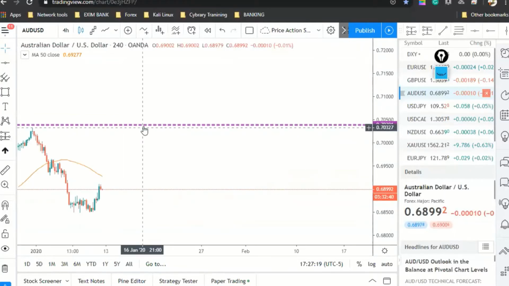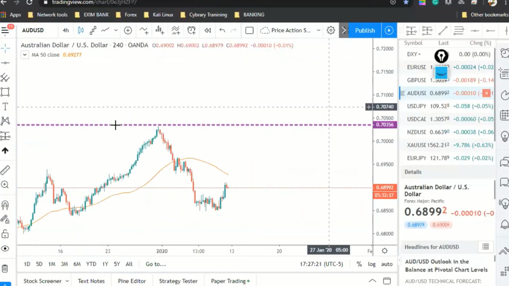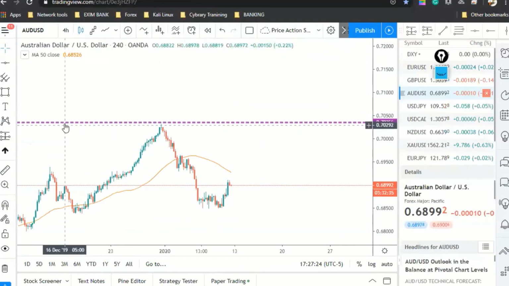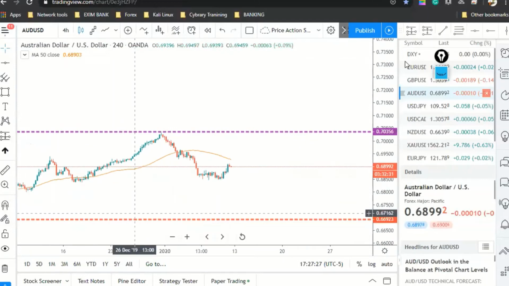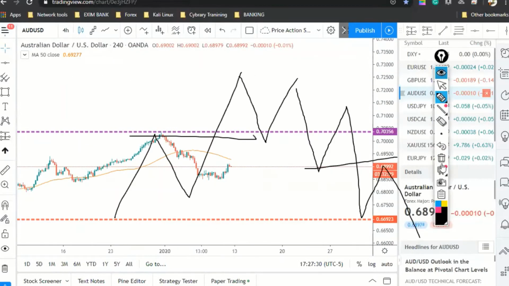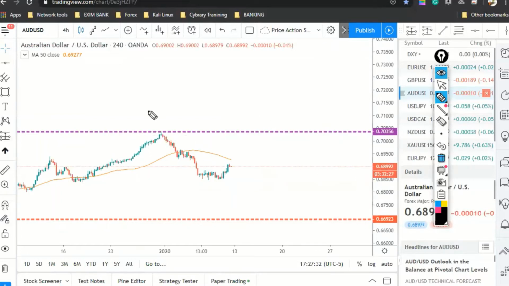So we place the support area and the resistance area, and we say that we want to buy at support and sell at resistance. And remember, resistance is the ceiling, support is the floor.